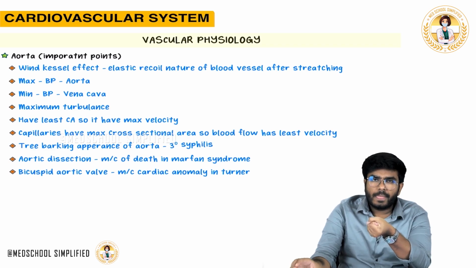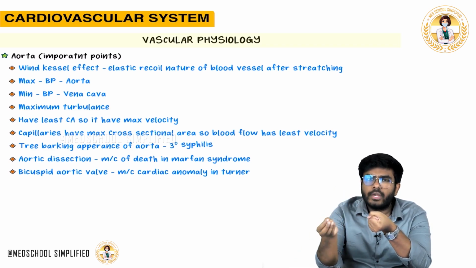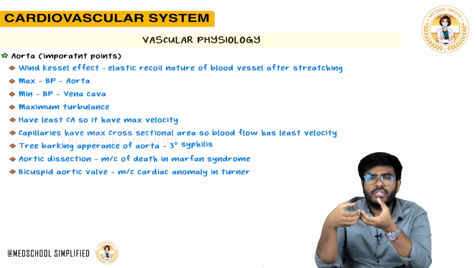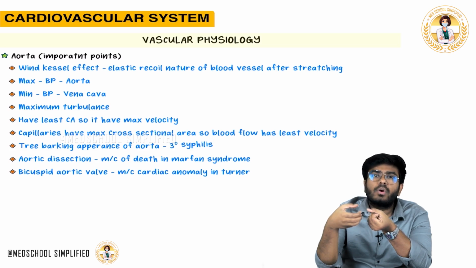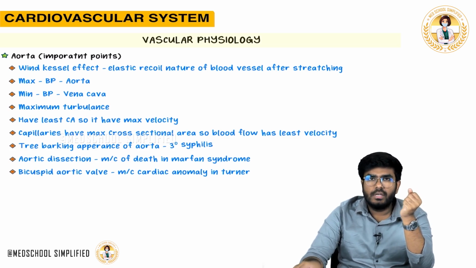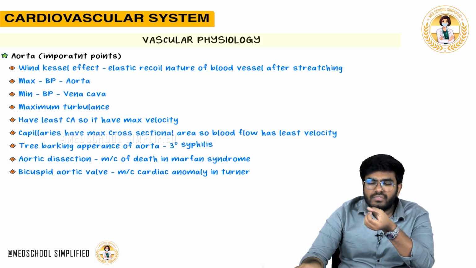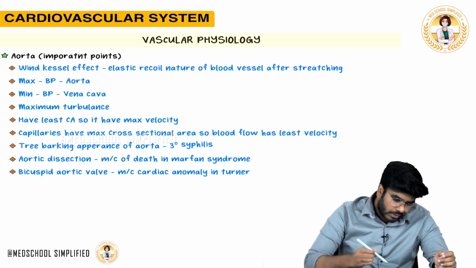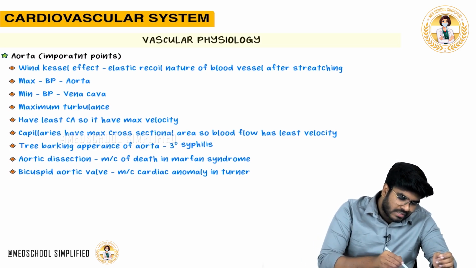When the heart contracts, the aorta receives the blood, so it stretches. Later on, it collapses back, it recoils back, pushing the blood forward into the systemic circulation. So the aorta stretches and undergoes elastic recoiling, and it shows the Windkessel effect.